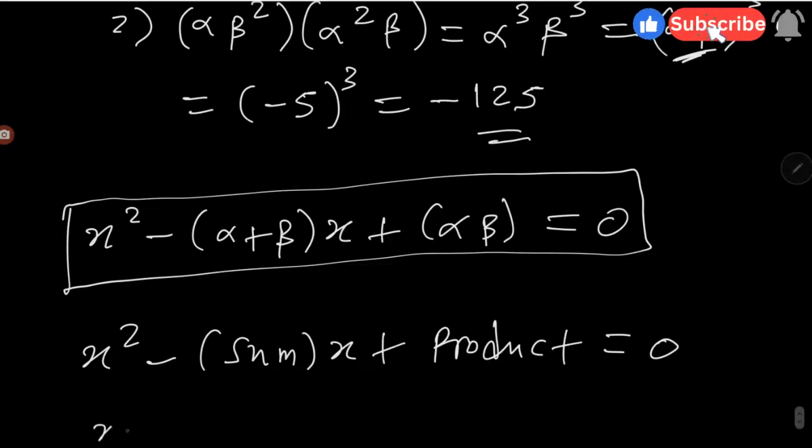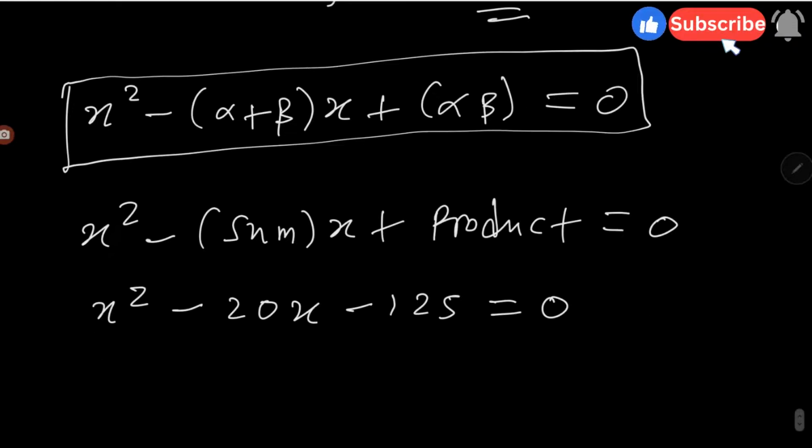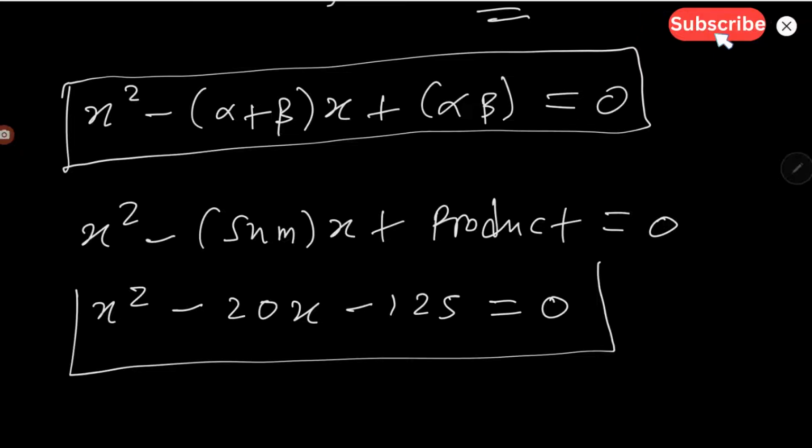So we have x squared minus 20x plus the product. Now plus times minus, it will be minus the product, which is 125, and it will be equal to 0. So this is the equation whose roots are alpha beta squared and alpha squared beta.